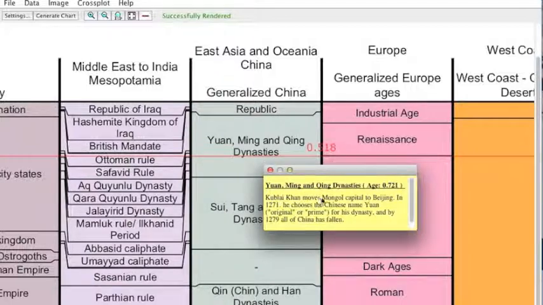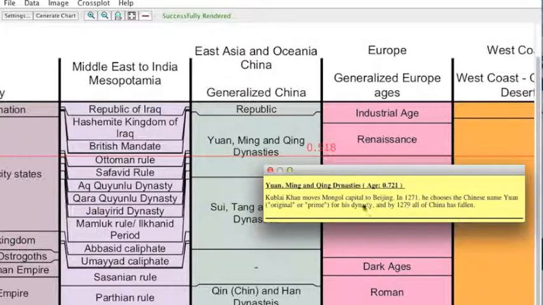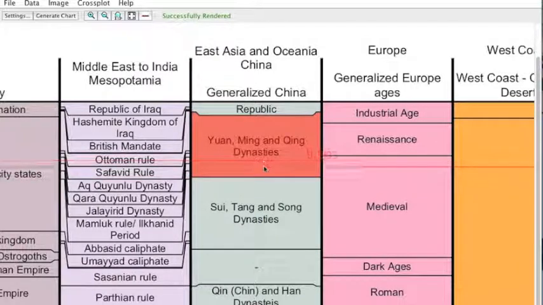So Kublai Khan moves the Mongol capital to Beijing. So Kublai Khan from Mongolia, I think they moved their capital to Beijing, and he chooses the Chinese name Yuan, which means original or prime, for his dynasty. And by 1279, all of China has fallen. That means Kublai Khan has conquered China at the time.